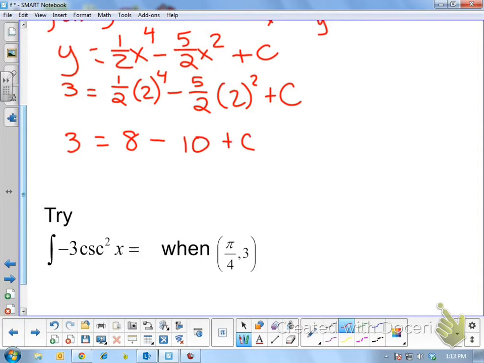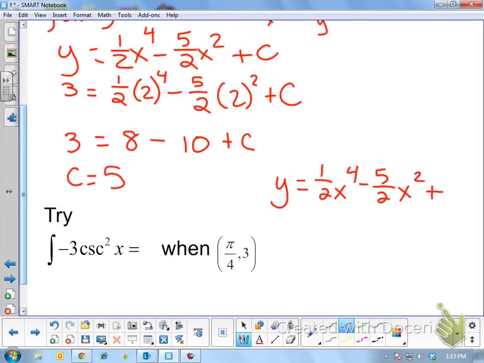You could write it out in more detail. So when we add everything over, c equals 5. Now that's not our final answer because they wanted the entire function. We need to just write the entire function again with c replaced by 5. So the unique function at that value is 1/2 x to the 4th minus 5/2 x squared plus 5.